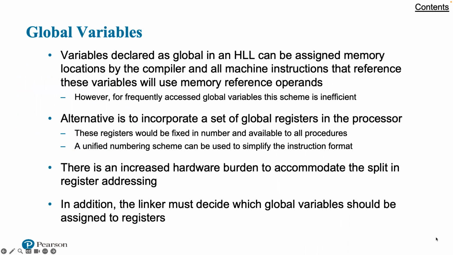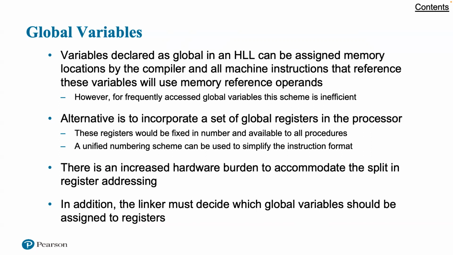Well, next, let's talk about global variables. The window scheme just described provides an efficient organization for storing local scalar variables in registers. However, this scheme does not address the need to store global variables, those accessed by more than 1 procedure. 2 options should suggest themselves.